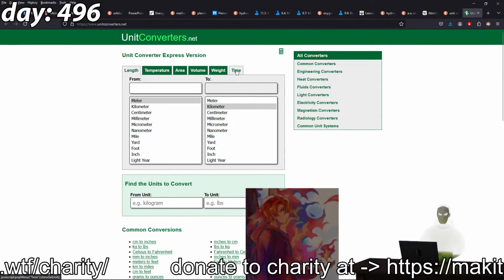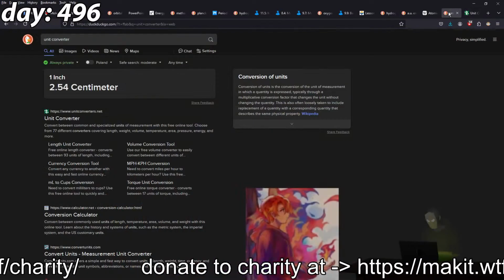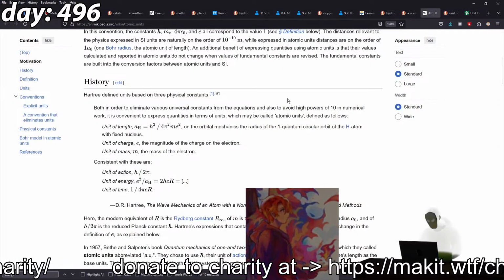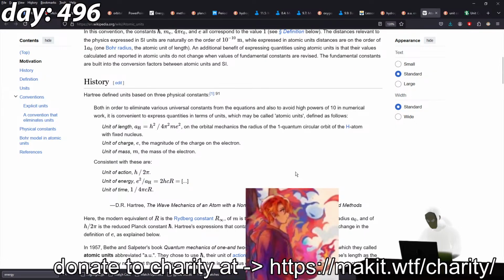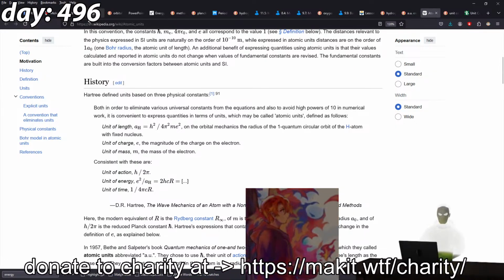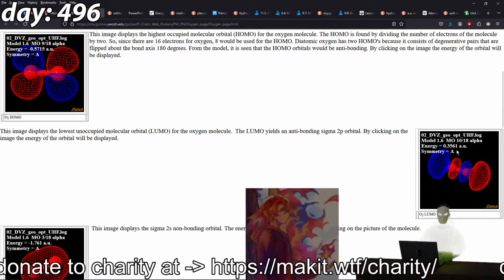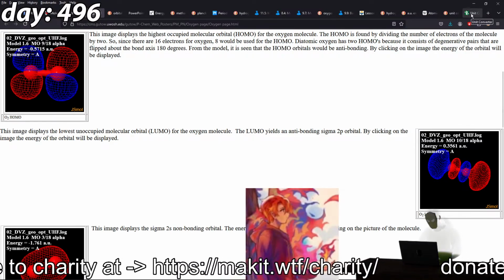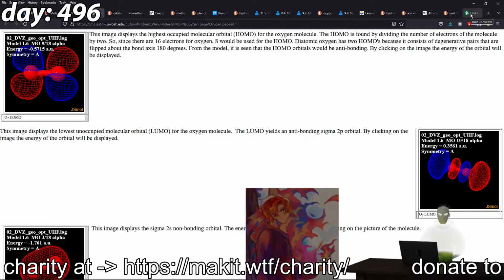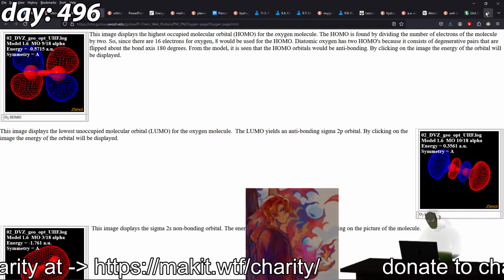Okay. Apparently I don't even know this unit. That's the first time I'm seeing it actually. I'm assuming it's AU. It's got to be atomic. That's astronomical unit.